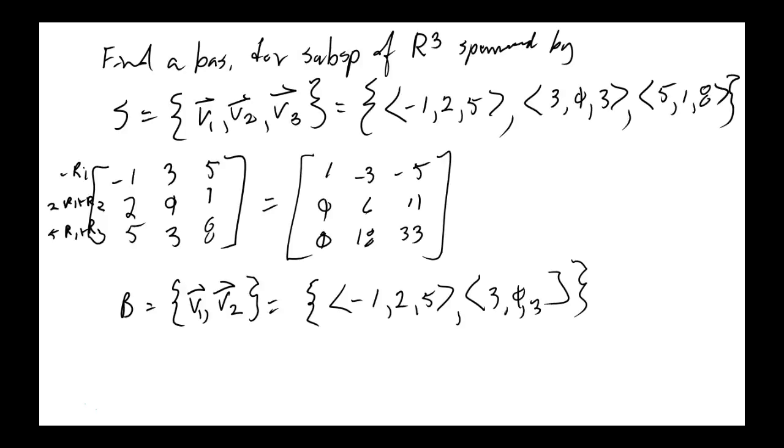Because you have two rows at the bottom of all zeros, it just says, notice that columns 1, 2, and 3 of matrix B satisfy that B3 is equal to minus 2B1 plus B2.